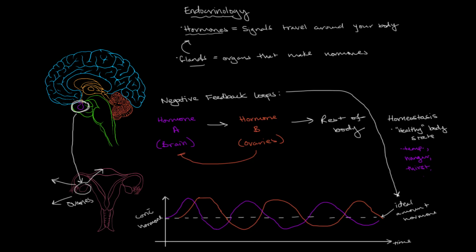You don't want to be too thirsty or drink too much water. And there are many, many other examples. Hormone levels would be another example, and this is the one we're talking about here. There's this healthy state that your body tries to maintain, a comfortable temperature, a comfortable amount of hormones, and it all does this through negative feedback loops.